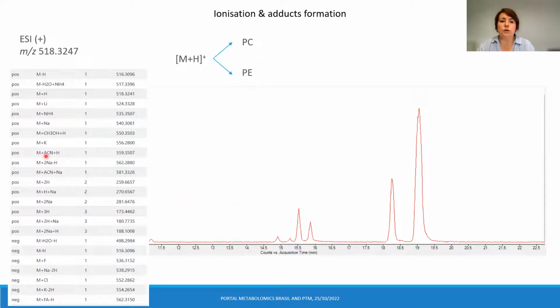So let's go to the first candidate, that it might be just protonated phosphocholine, but I will also consider that it might be phosphoethanolamine. It's not in the database, but who told that? We know that not each and every lipid is in the databases. So both of them, phosphocholines and phosphoethanolamines, can be ionized through protonation.